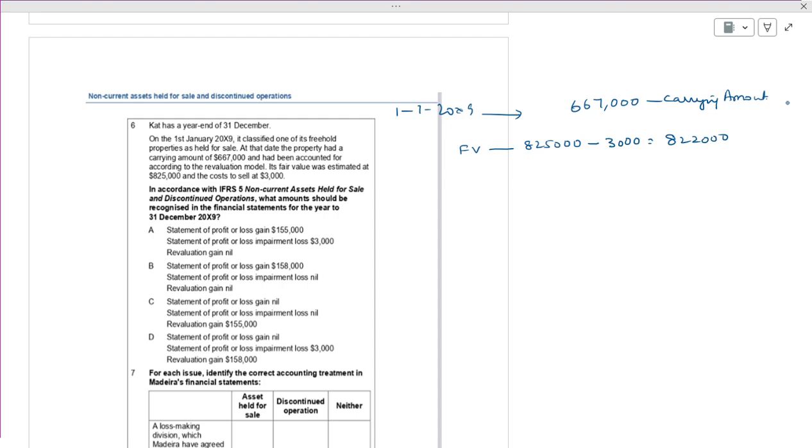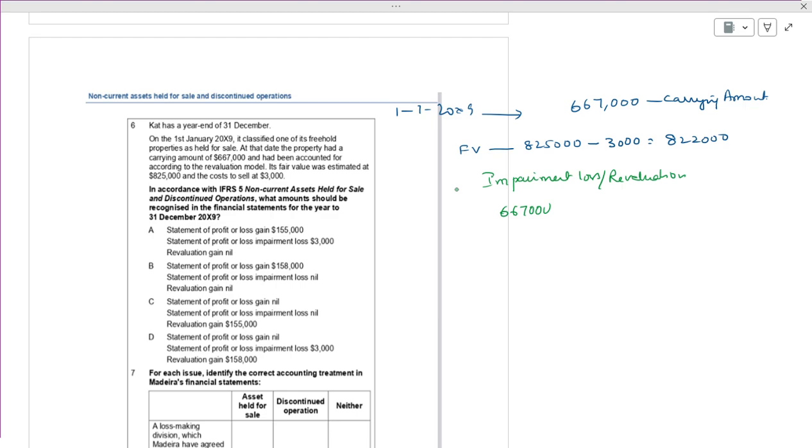What amount should be recognized in the financial statements? Is it an impairment loss or a revaluation gain? Carrying amount is 667. Fair value less cost to sell is 822.